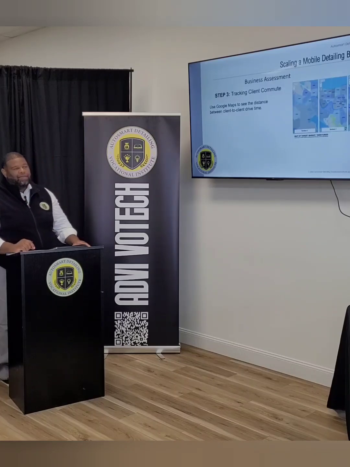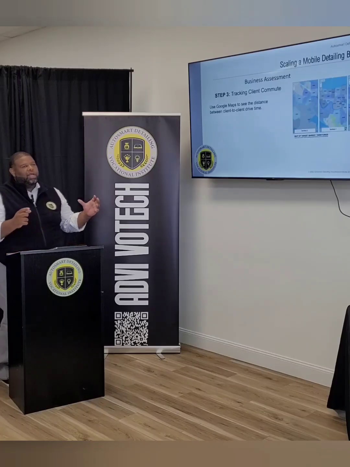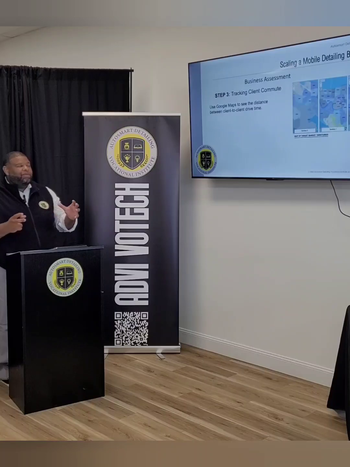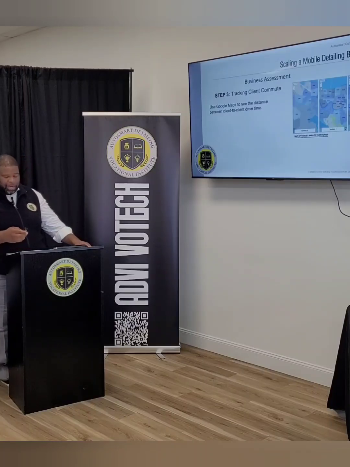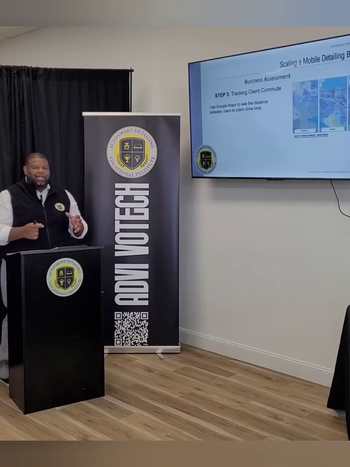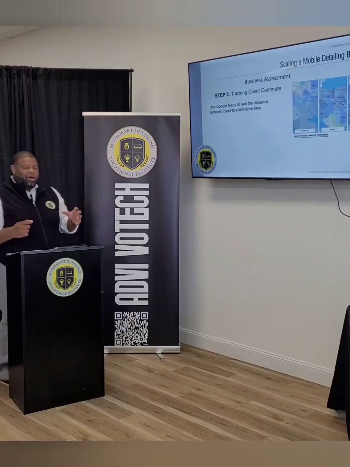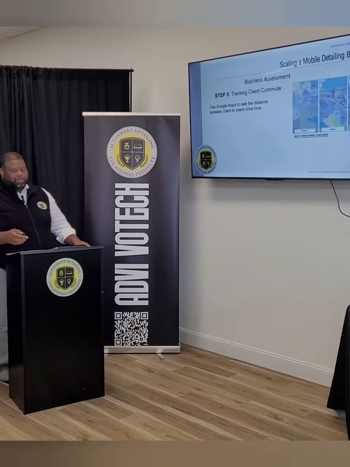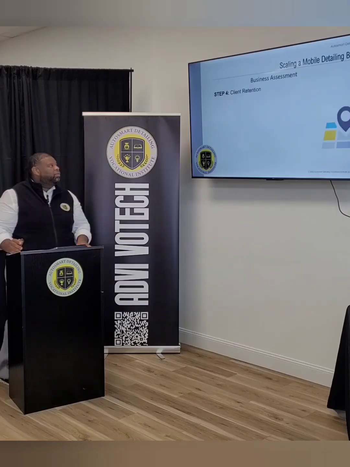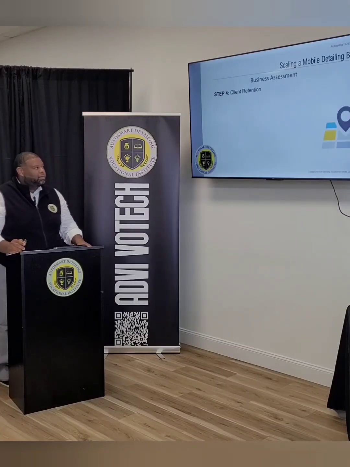That is going to save you a lot of time, and it may add an additional 1 or 2 vehicles by shaving down your travel time going from client to client. So that data is very important to compile in order for you to grow and expand your mobile detailing business.